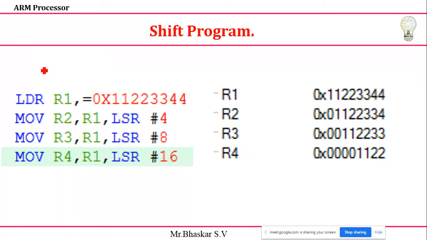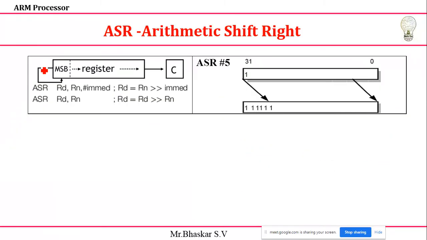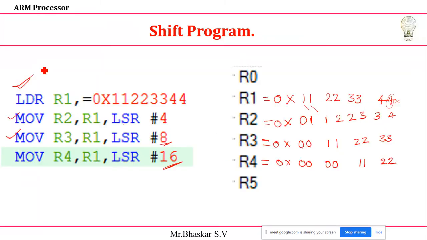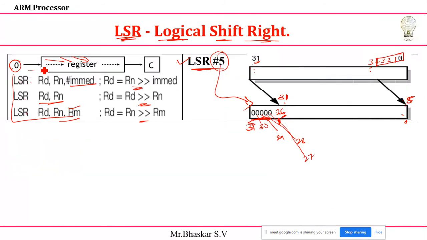So I'll get the same value. So the next instruction is ASR. It is also shift right, but in the previous problem we were padding zeros. See the diagram. In the diagram it is telling zero value, and we are going to fill the values with 0.